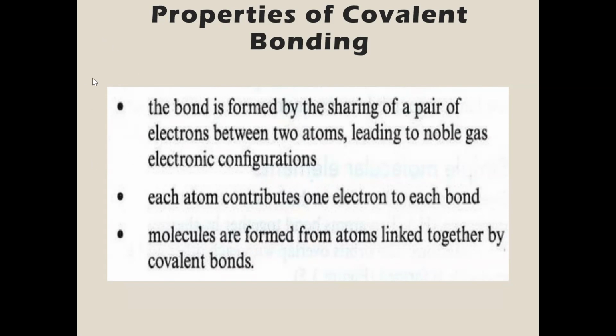Each atom contributes 1 electron to each bond. Molecules are formed from atoms linked by covalent bonds, while compounds can be formed by ionic bonds, which we will talk about later.